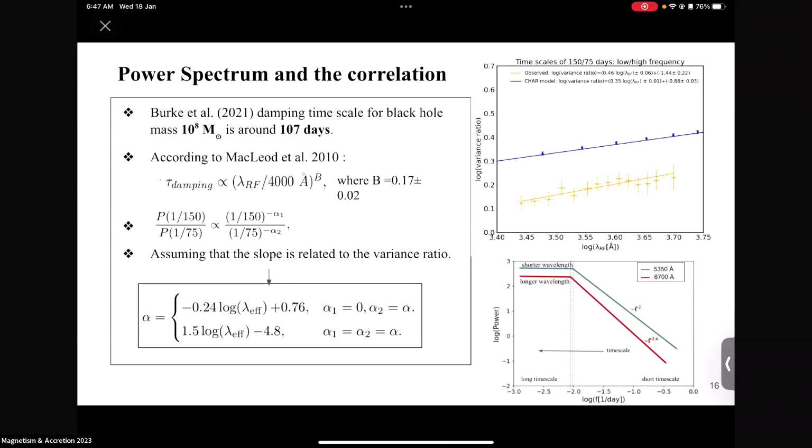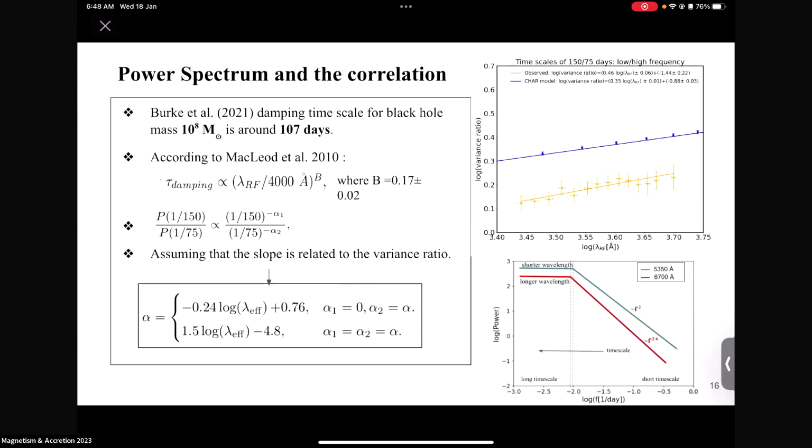And to understand this correlation, we plotted the power spectrum for two different wavelengths. The shorter wavelength has a higher normalization than the longer wavelength, and we also expect that there is a relation between the slope and the rest frame wavelength, if we assume that the slope is related to the variance ratio.